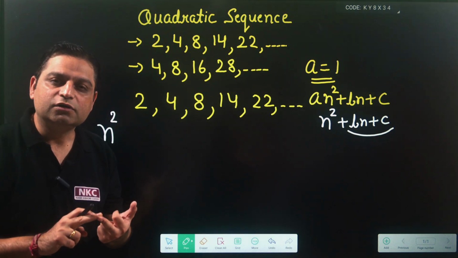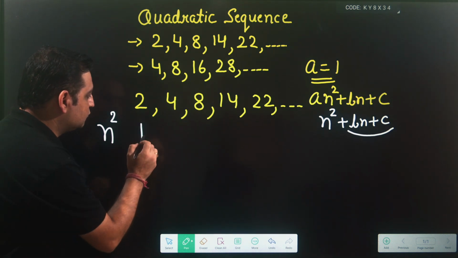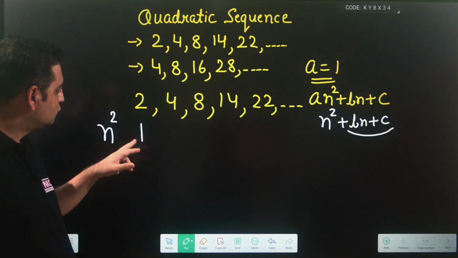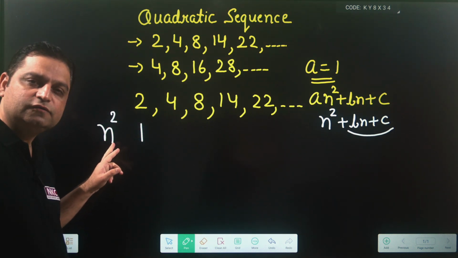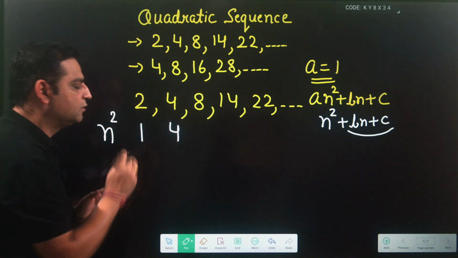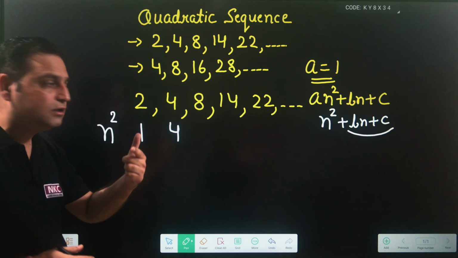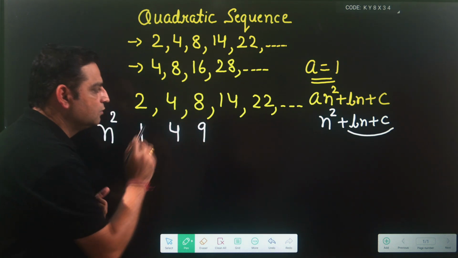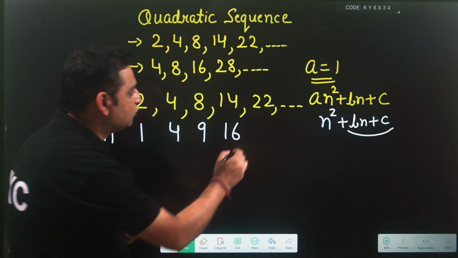If I put n as 1, it will be 1 square, which means 1 only. So write 1 below the first term. If I put n as 2, 2 square is 4. Write 4 here. If I put n as 3, I will get 9. n as 4, I will get 16. n as 5, I will get 25.